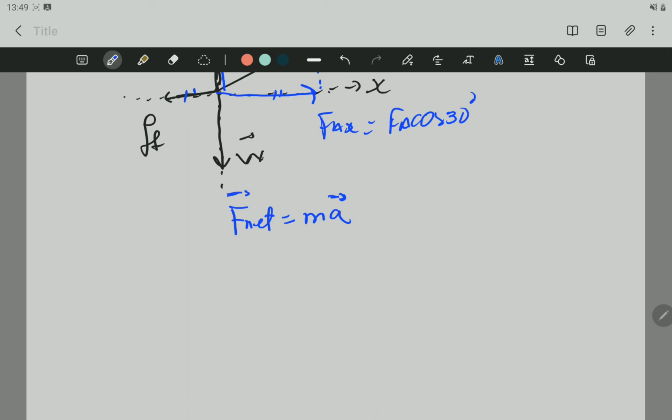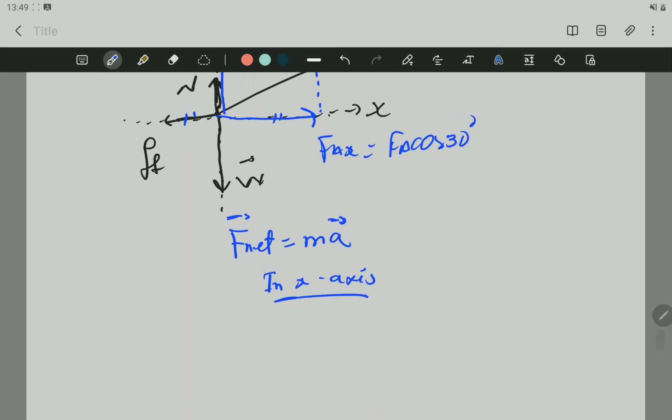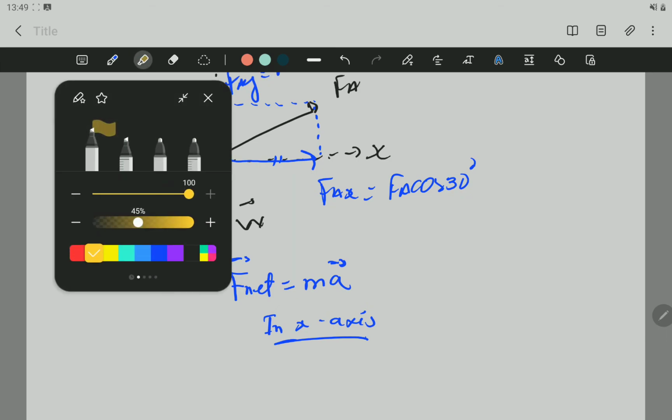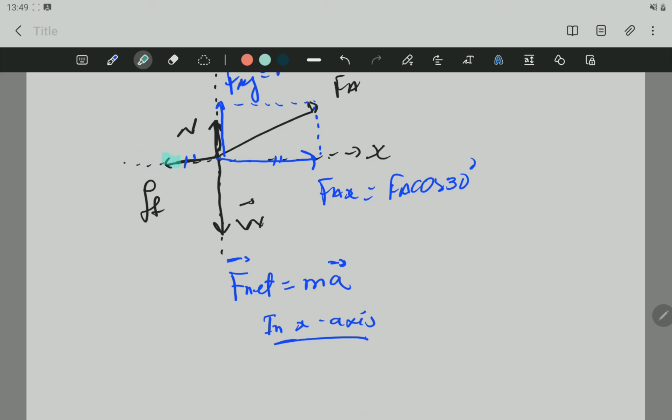In what axis are we going to work? In x-axis. Why? Because the object is moving in the x-axis, in the horizontal direction. So what forces are there? We have the frictional force and the applied force in the x-axis.